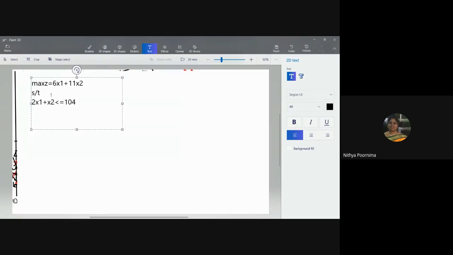Then you have x1 plus 2x2 less than or equal to 76. x1, x2 should be greater than or equal to 0. Now quickly give me the answer. I want only the final answer.